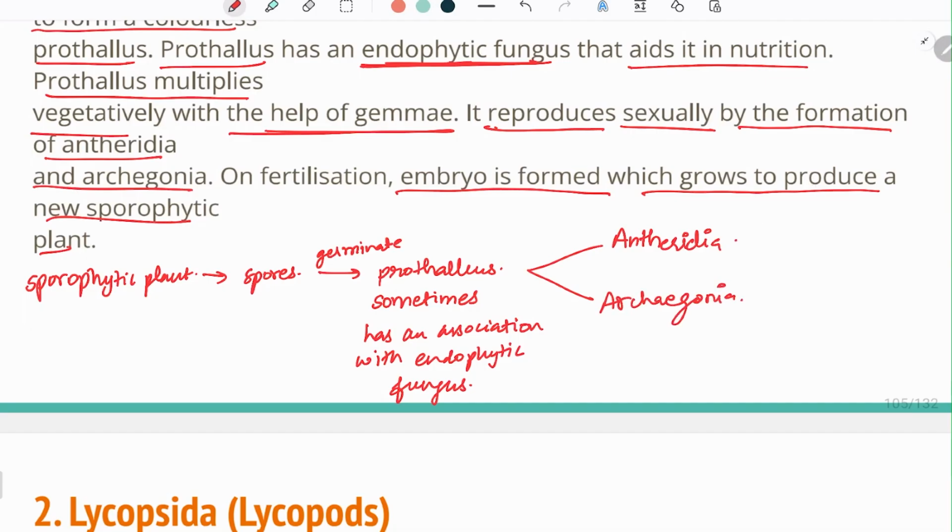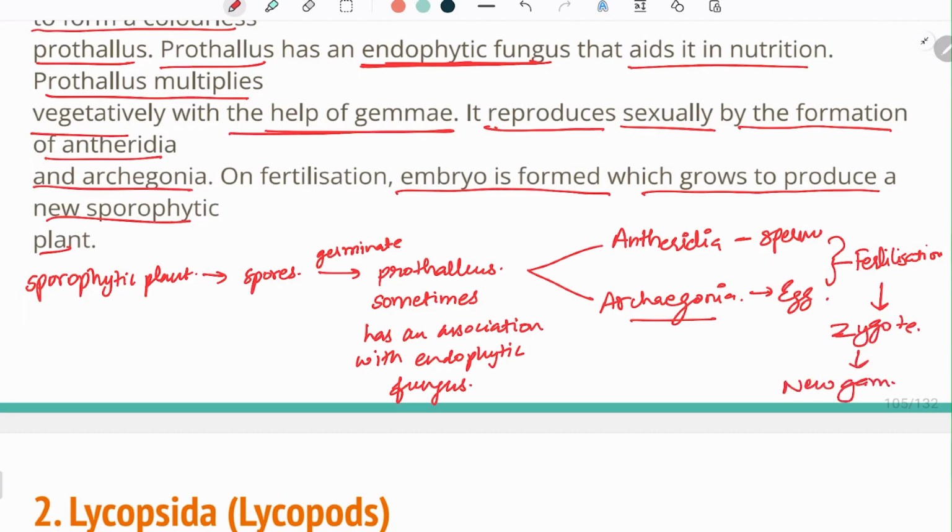The antheridia will give rise to antherozoids or sperms, and archegonia will give rise to eggs. When fertilization takes place, it gives rise to a zygote, and this zygote will produce a new plant. Okay, so this is the simple cycle of alternation of generations which goes on in the case of Psilotum, or even in all the pteridophytes.